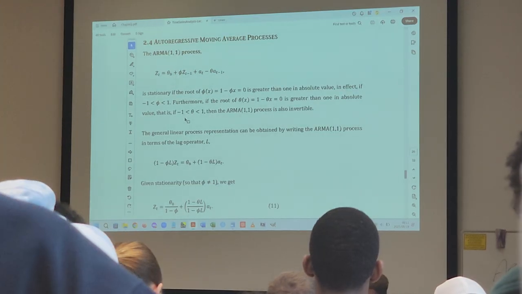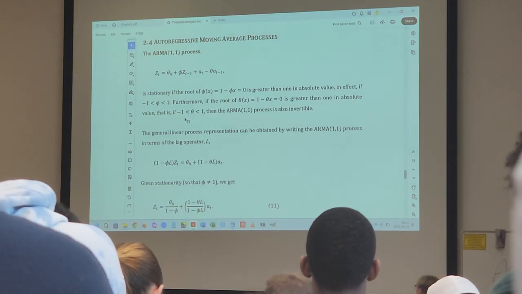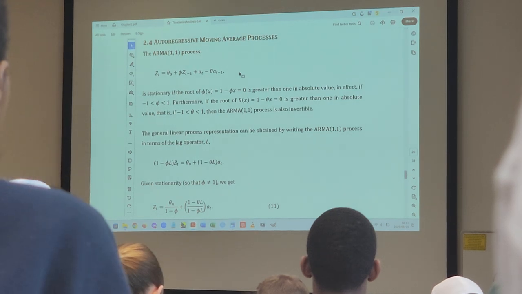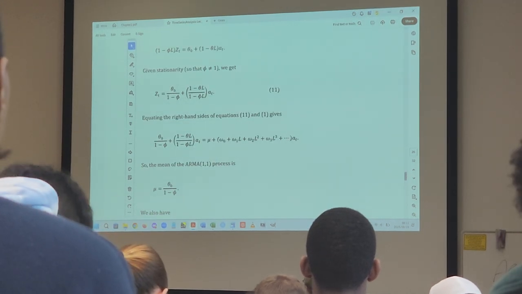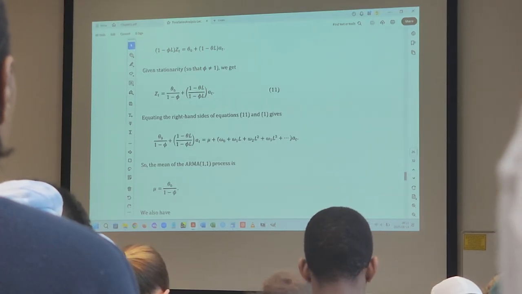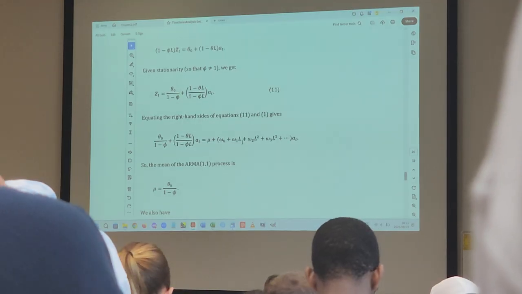As with the AR(1), AR(2), MA(1), MA(2), we need to be able to express this model as a general linear process. To do that, we write it in terms of the lag operator, and then set it equal to the expression for the general linear process.